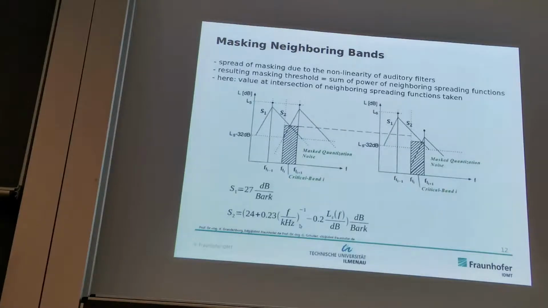So if F is 1 kilohertz, then we would have 24.23, and then here minus, say, what did I take? 40 dB maybe? What happens if we use 40 dB? So 40 dB, 0.2 times 40, yeah?